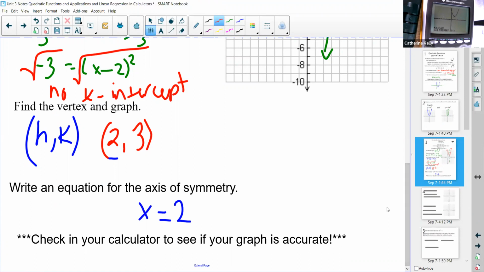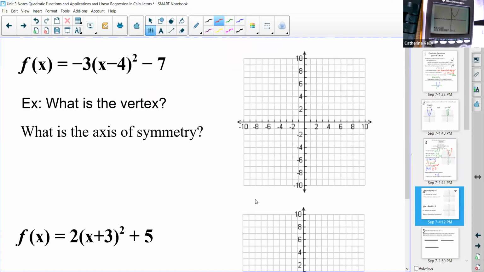All right, so if we do this, f of x equals -3 times x minus 4 squared minus 7. What is the vertex? The vertex is h, k. So the vertex is 4, -7. So I'm going to graph 4, -7.